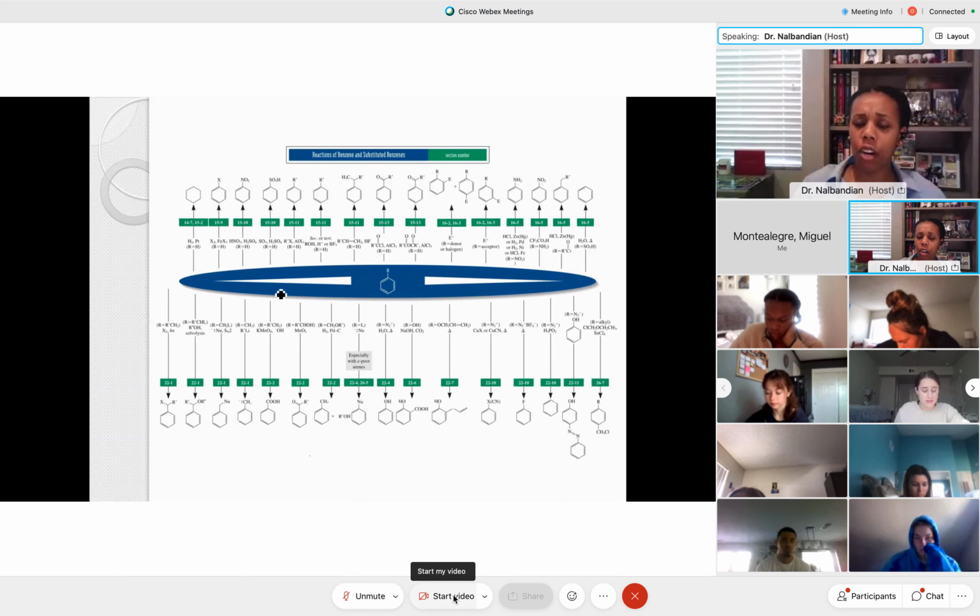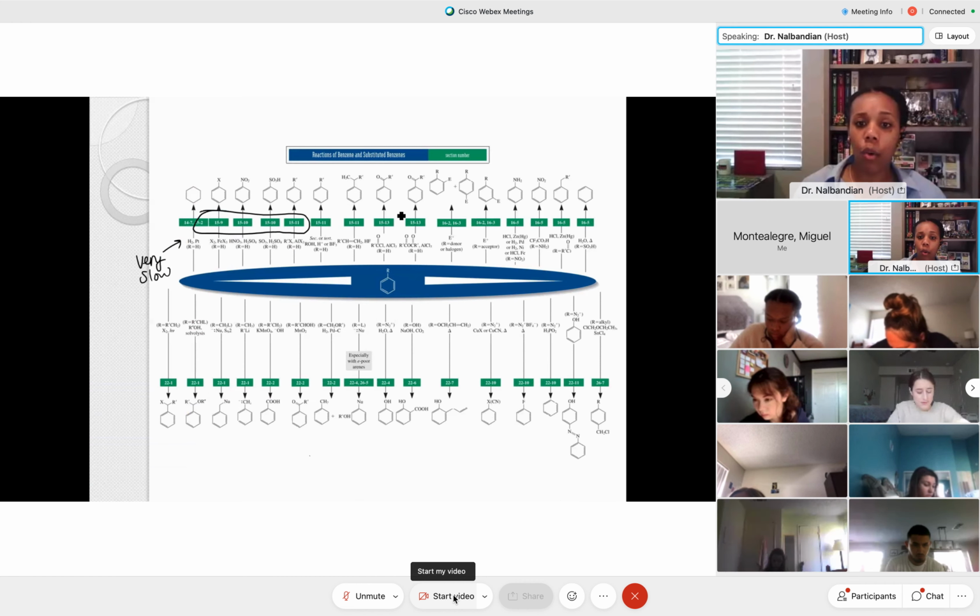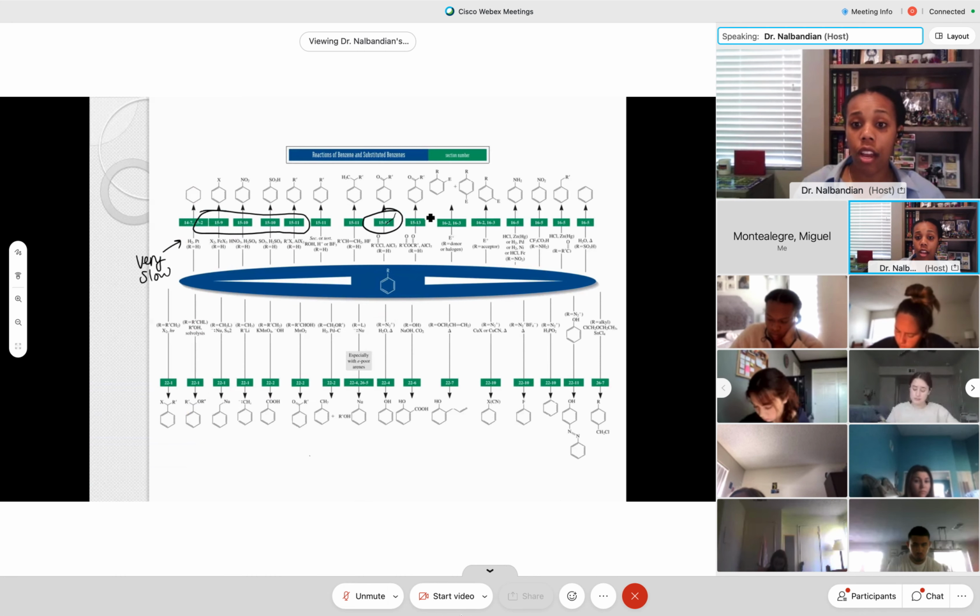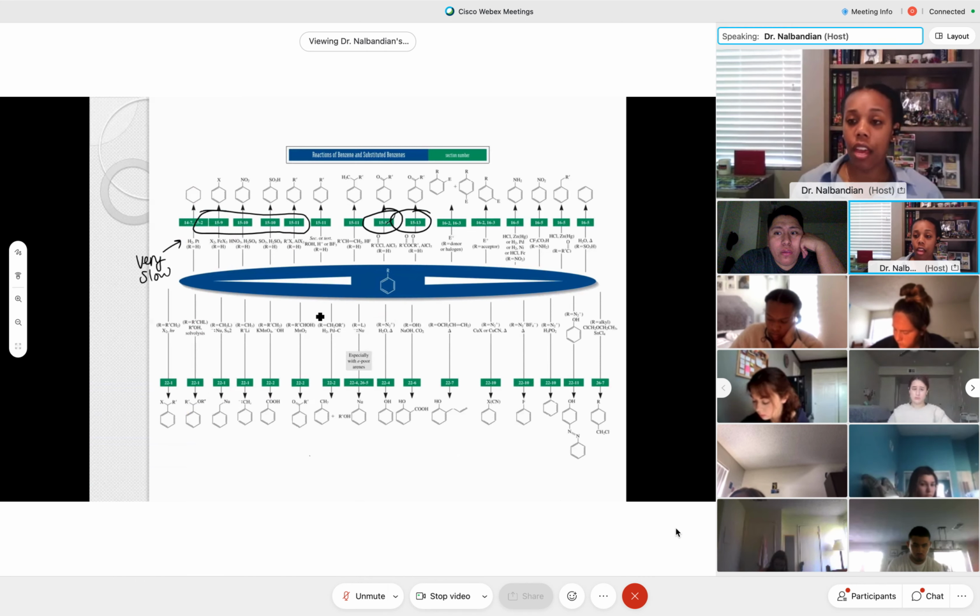So we've started talking about our reactions with benzene. Really we've done just a few reactions here. We talked about how this reaction would be very slow. But then we talked about our halogenation, our nitration, adding in some kind of an alkyl group there. We also talked about doing our Friedel-Crafts acylation with the acyl chloride and with the anhydride.